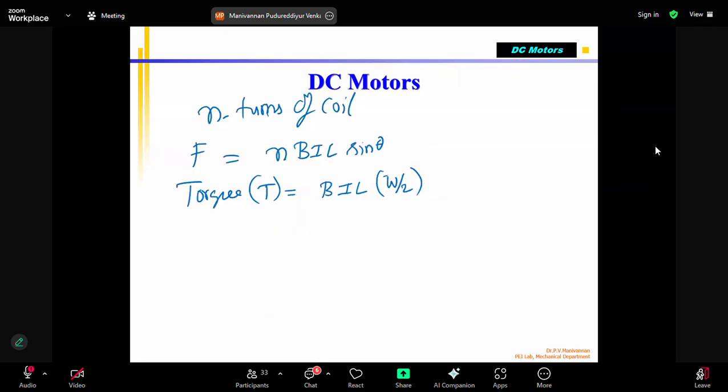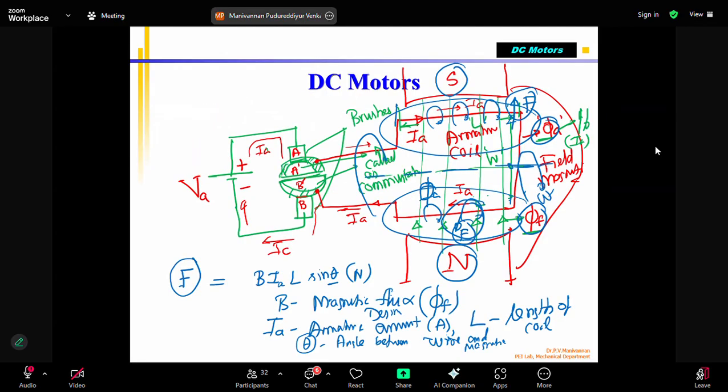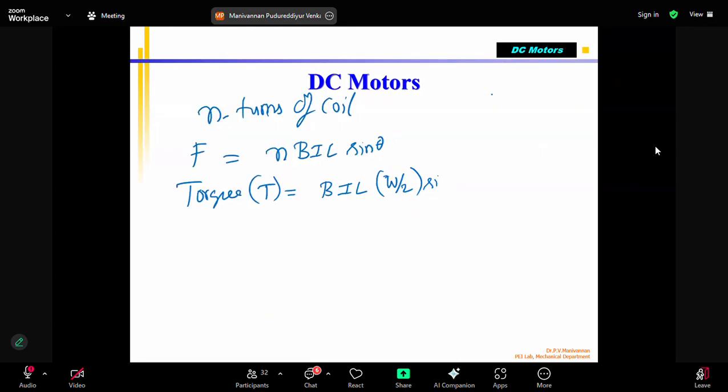That torque can be calculated using this formula, where W is the width of the coil. The width of the coil is the total, this one I am talking about, correct? Into sin theta, which is the current angle of the armature coil with respect to the magnetic field of the field coil and also the direction of the wire.